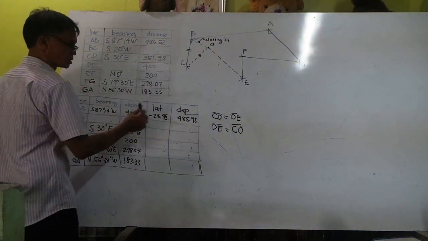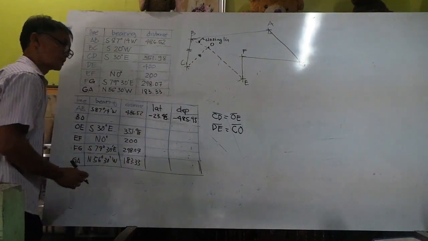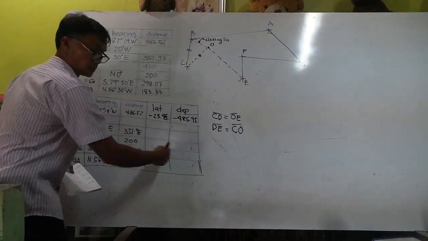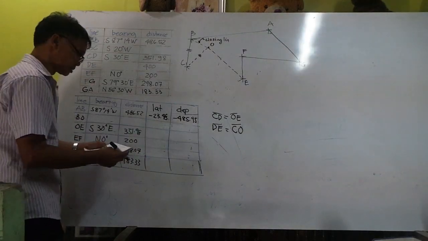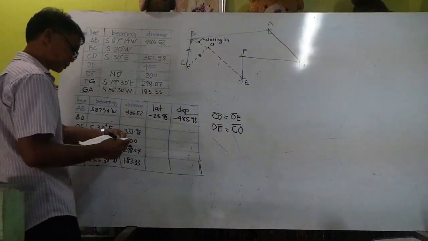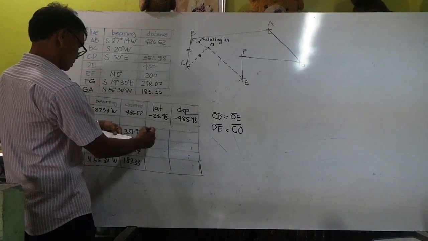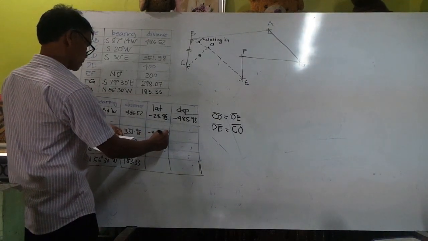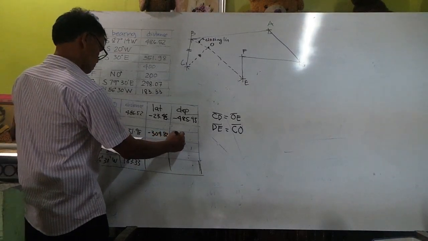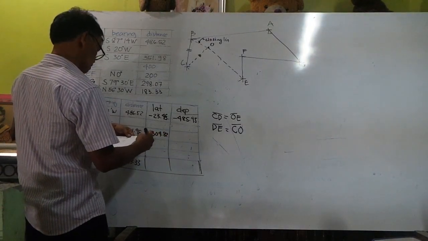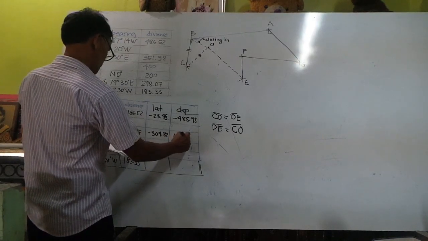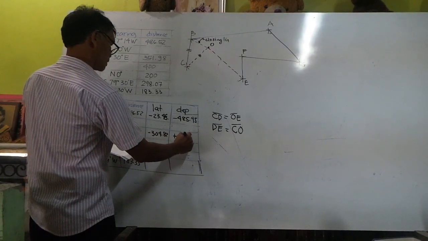This is west, so this is a negative departure. Okay, so I will just write everything, no? Kamuna is calculator. Kaya dito madugay, no? Okay. You have negative 304.82. This is positive 175.99.